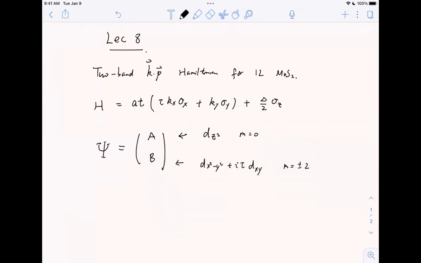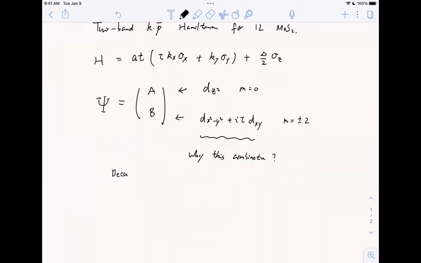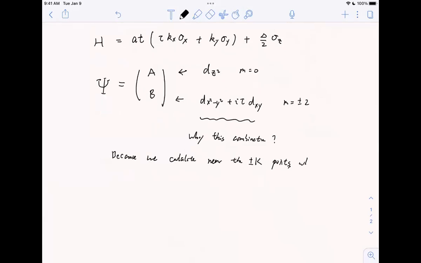Okay, so here, why do we use this combination? The reason is because we calculate near the k plus minus k points, which have threefold rotational symmetry.